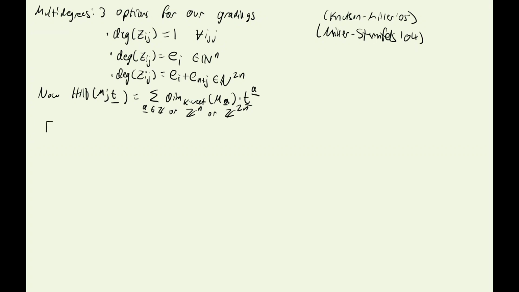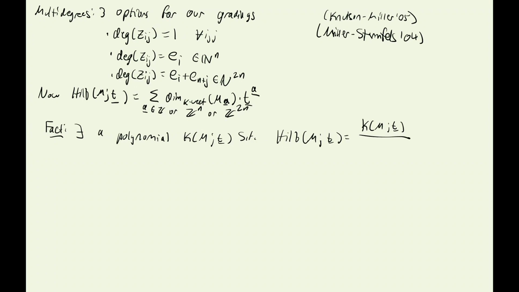So, fact: there exists a polynomial K(M; t) so that this multigraded Hilbert series is equal to a polynomial over this standard denominator that depends only on the ring and not on the module.